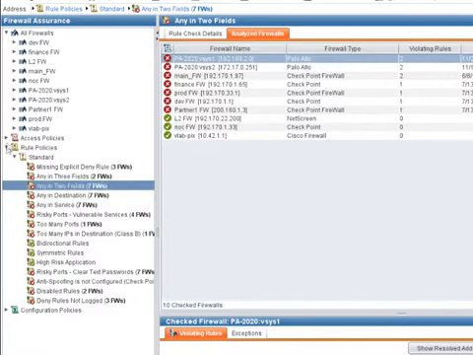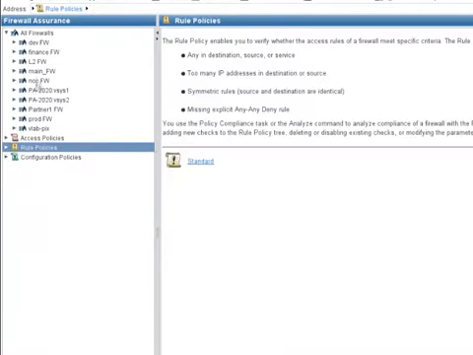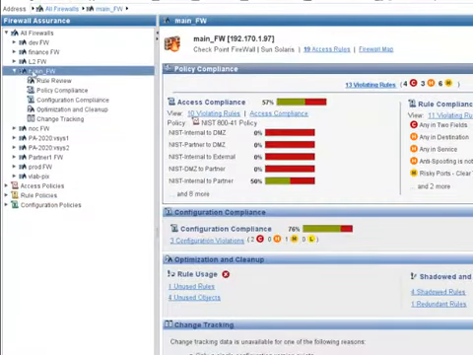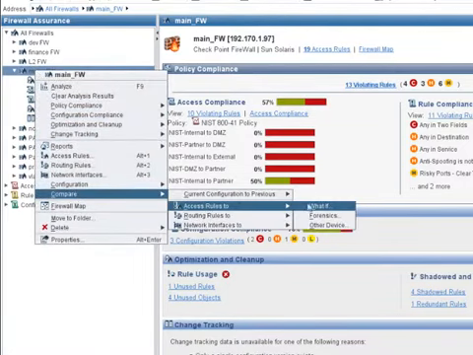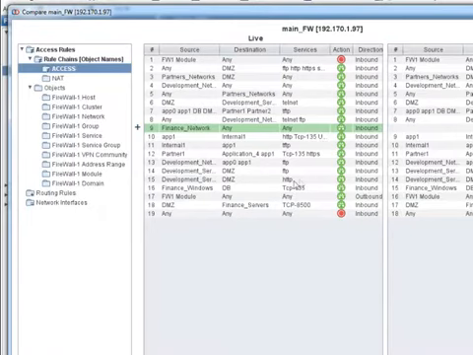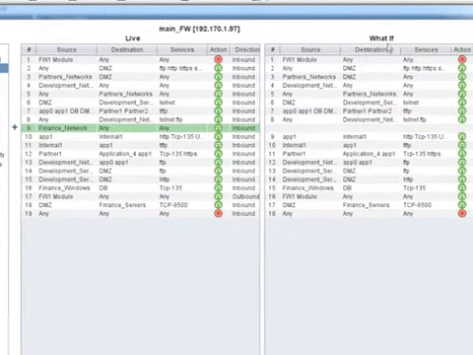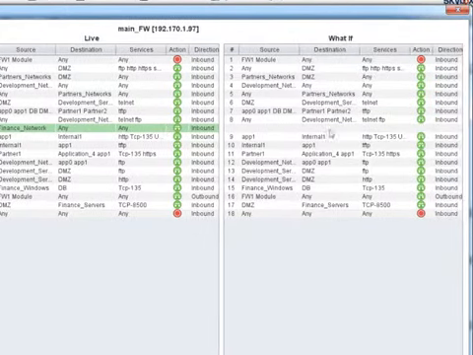In this particular case, with my main firewall, I've already made a change where I've taken rule number 9 out. So we can see in my live workspace, the rule exists in my ACL. In my what if workspace, we can see that that rule no longer exists.